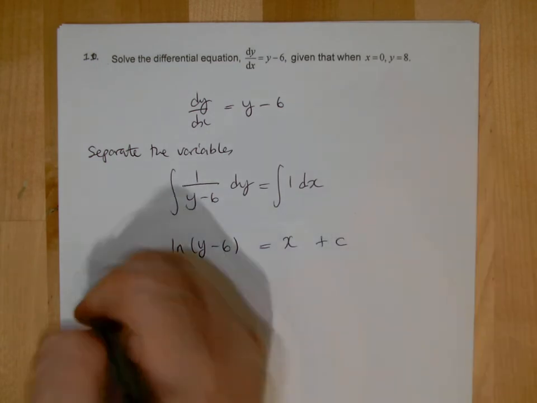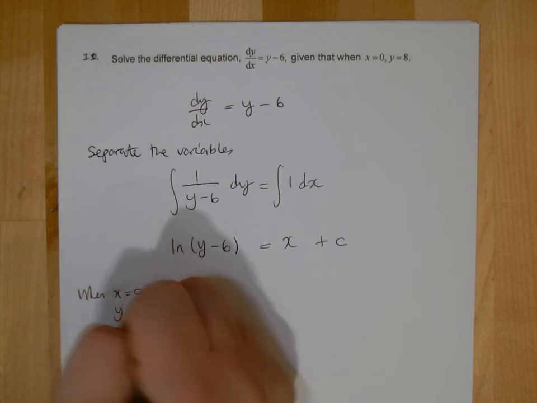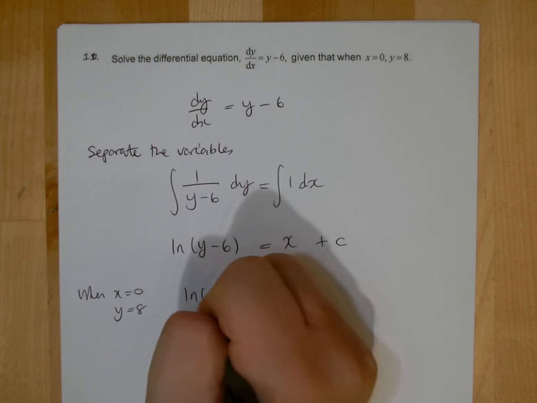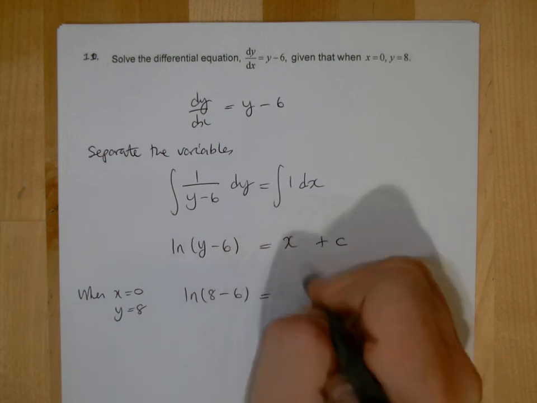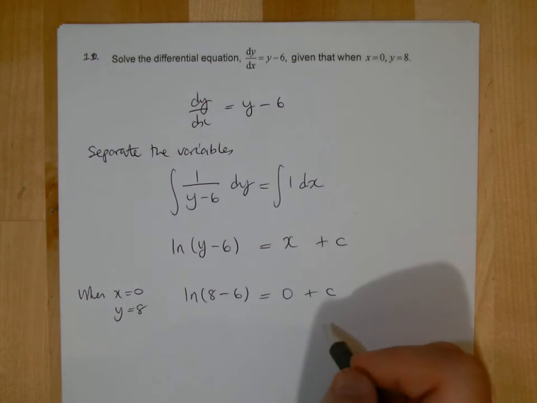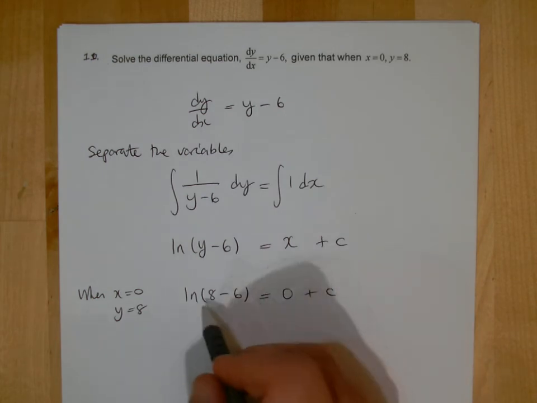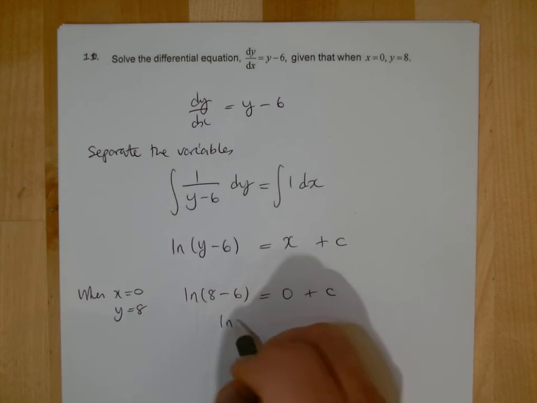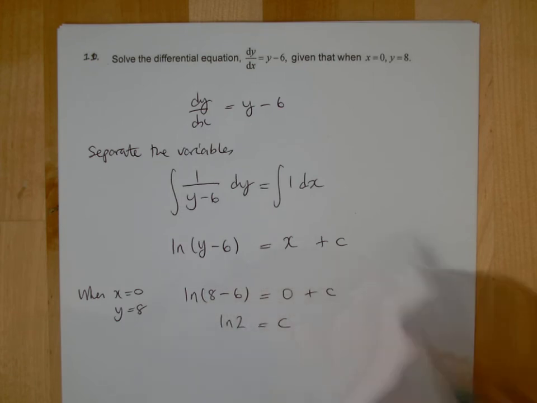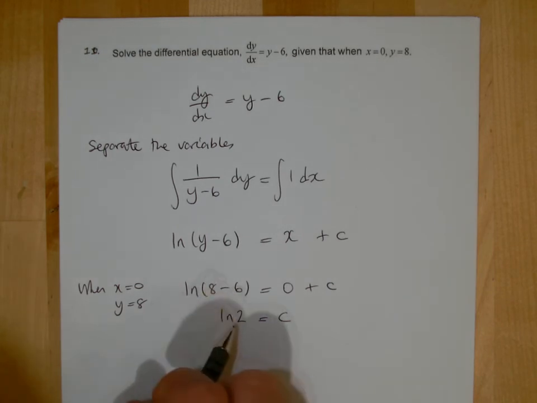So put your conditions in. When x is 0, y is 8, so ln of 8 minus 6 is equal to 0 plus c. So in this case, ln 2 would equal c, because 8 minus 6 is 2.